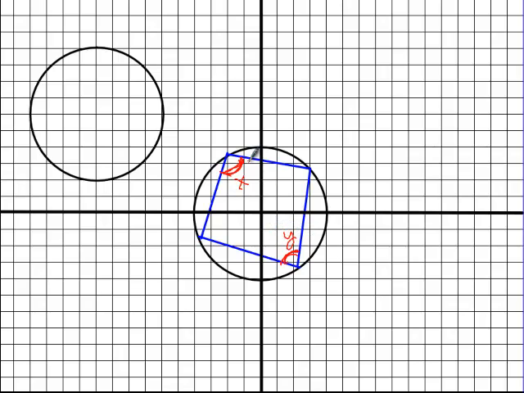And I want you to think about this. This angle, we'll call it angle X first, is an inscribed angle. It's half of this arc. This angle is an inscribed angle, and it's half of this arc.